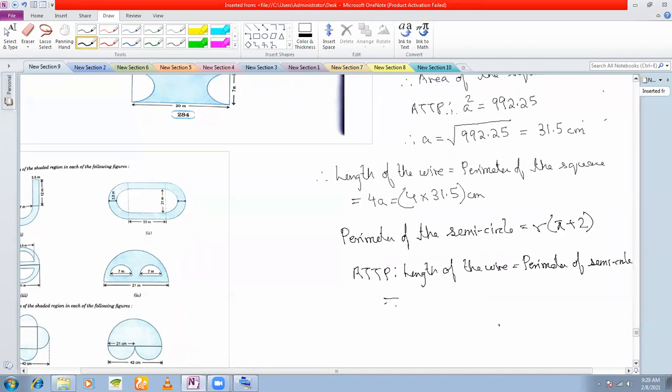And length of the wire we have got as 4 into 31.5. And perimeter of the semicircle is R into pi plus 2.